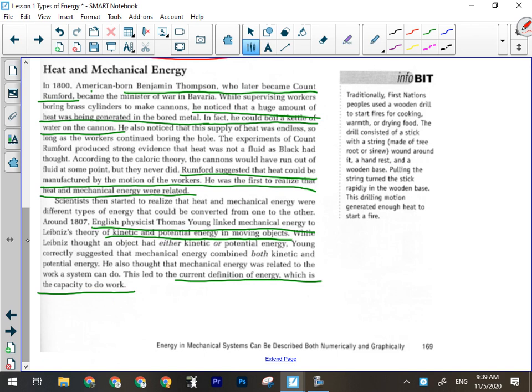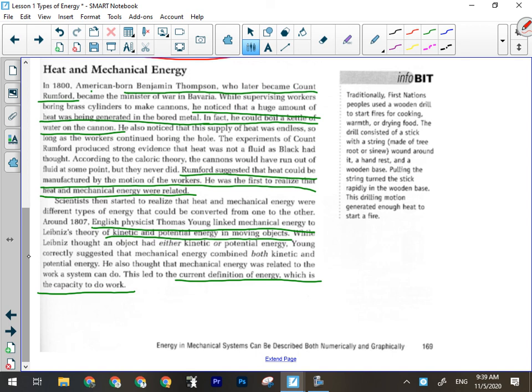He was the first person to realize that mechanical energy and heat were related and could be converted into one another. It's much easier to convert mechanical energy into heat than vice versa, but he discovered that those two could cause each other.